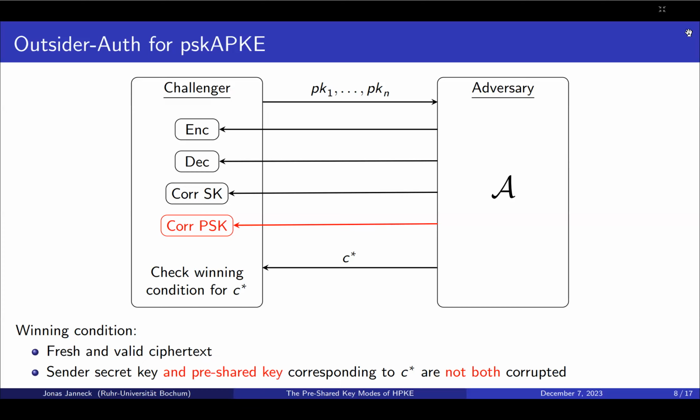And the win condition changes, in that we do not allow the adversary to corrupt the sender as well as the pre-shared key for a challenge. If we corrupt both, then it's a trivial win, but the scheme should still be secure if one of the keys is corrupt. And this is with respect to the design criteria that there should be different layers of security, and if one is broken, the system is still secure.